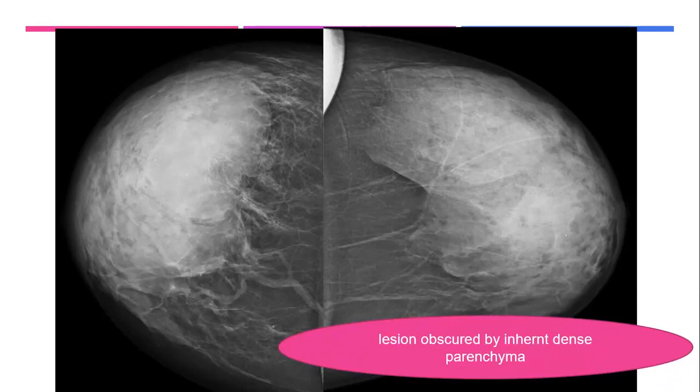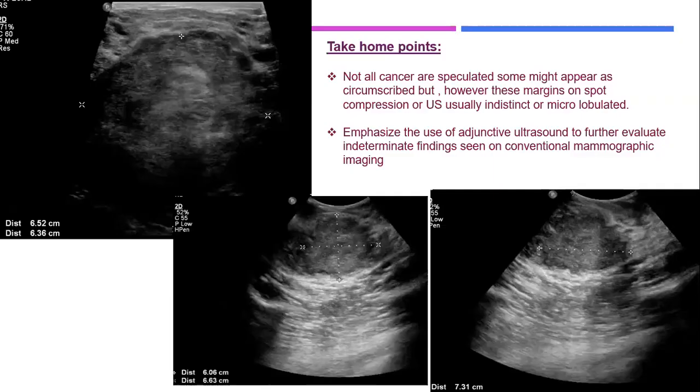Yes. This is our patient, with the lesion obscured by inherent dense parenchyma. This is a huge, large mass in the right breast. If you look here, the lesion looks more or less well-defined. However, we cannot describe it as well-defined because of micro-lobulated borders. We cannot say this is circumscribed.